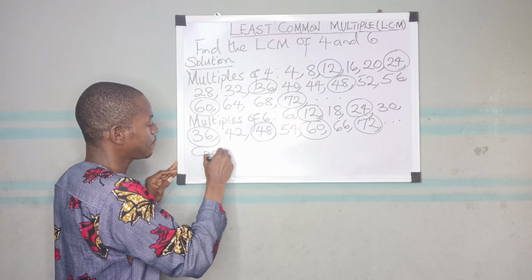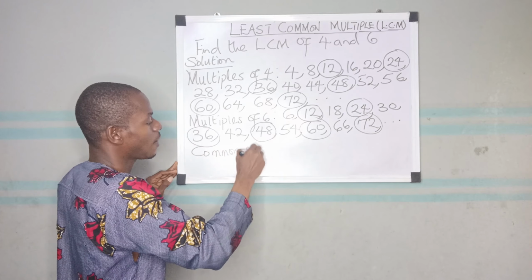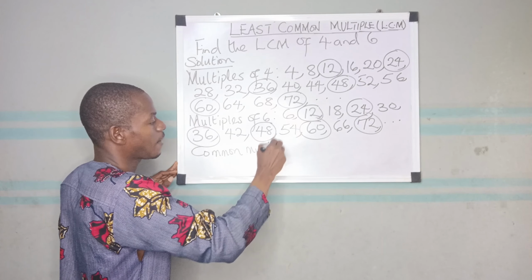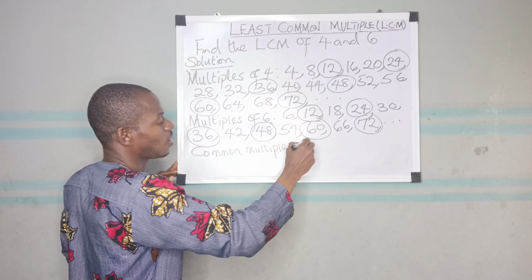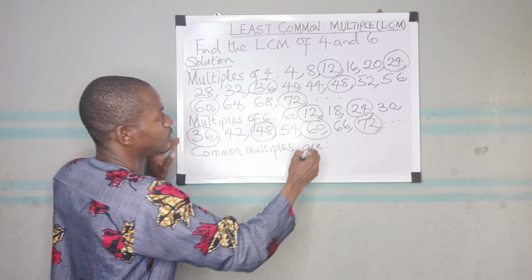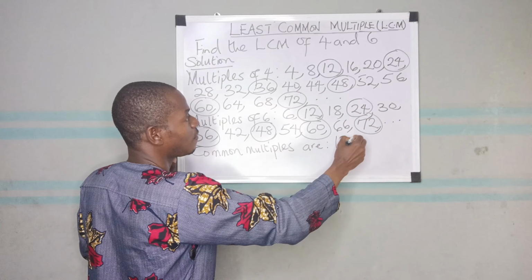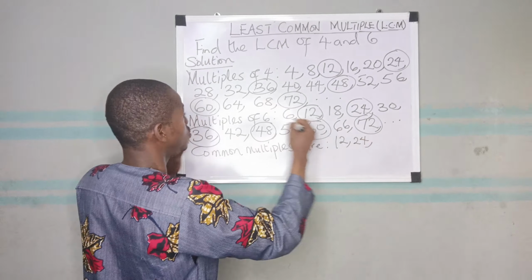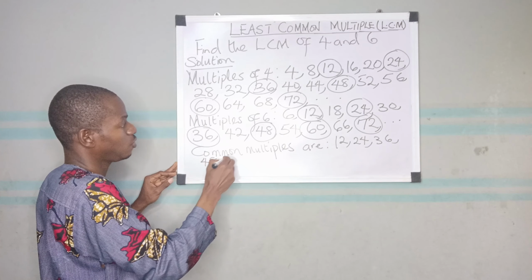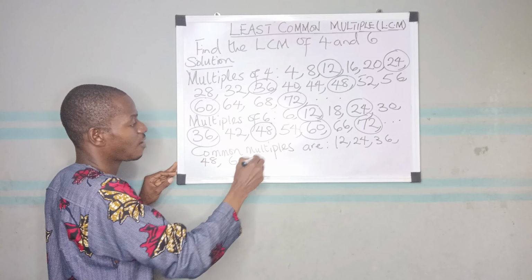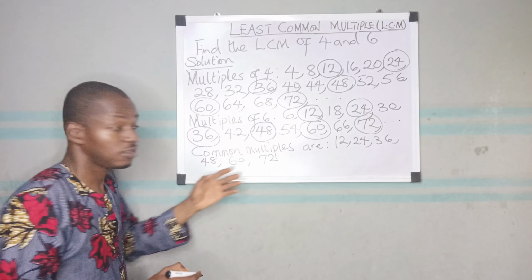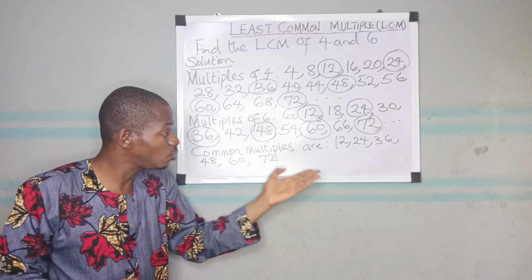So the common multiples are 12, 24, 36, 48, 60, and 72. These are the common multiples of the two numbers.